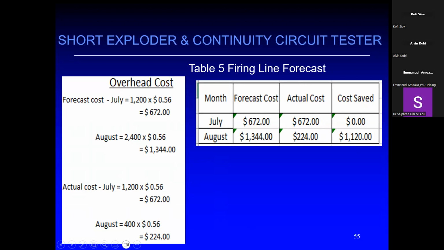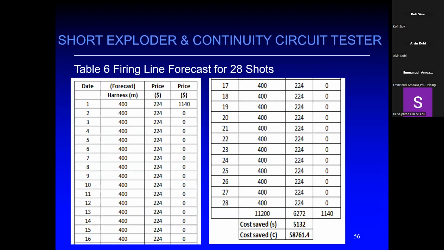Now, we also went further to do it for another mine where they do 28 shots in a month. So you can see this is the forecast if they are supposed to use harness wire. You can see over here, for the 28 shots, they use 1,120 of the harness wire. Then you can see this is the cost.